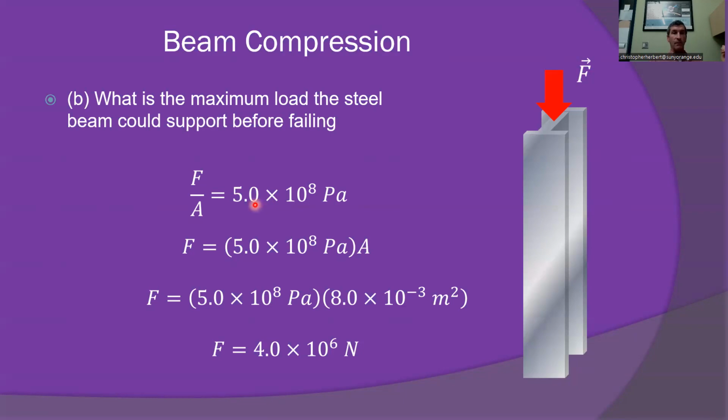And if we look at this, we can say the force that it can take is equal to its ultimate strength times its area. Again, 5 times 10 to the 8 pascals is where mild steel will fail. And with a cross-sectional area of 8 times 10 to the negative 3 meters squared, this beam can take a maximum force of 4 times 10 to the 6 newtons.